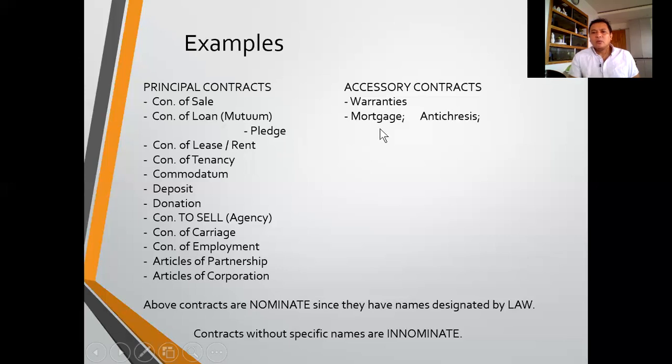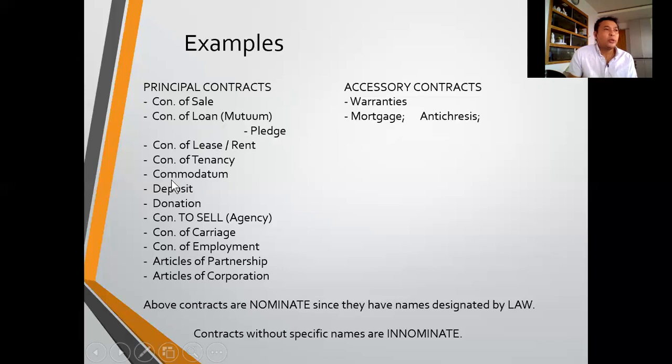Well, here, mortgage and antichresis, the properties involved here are real properties or immovable properties like land, building, and land developments.